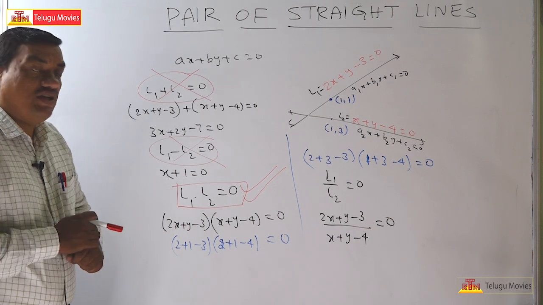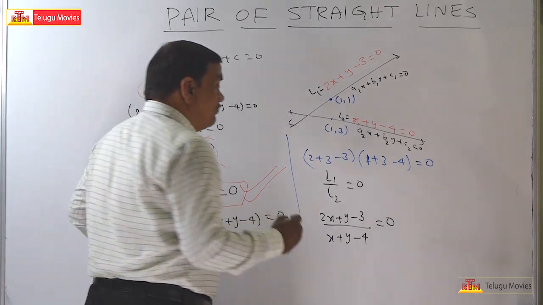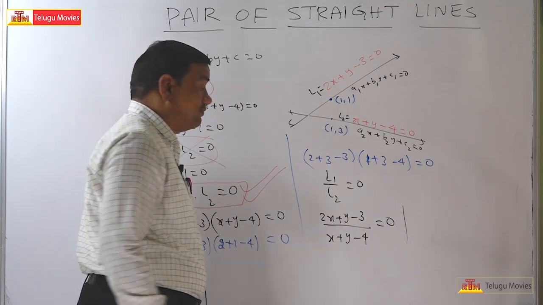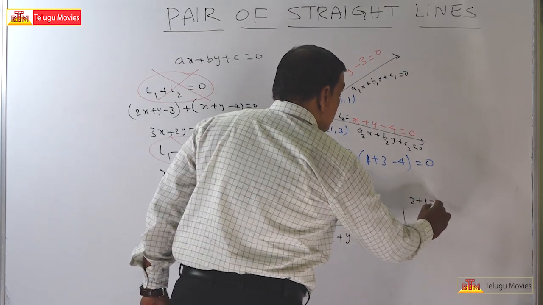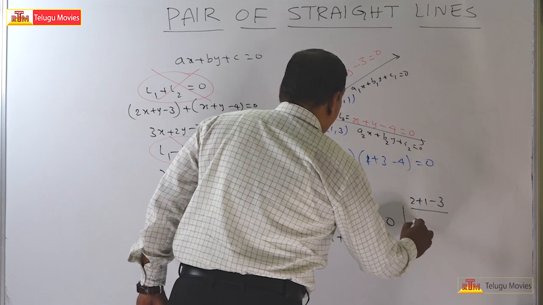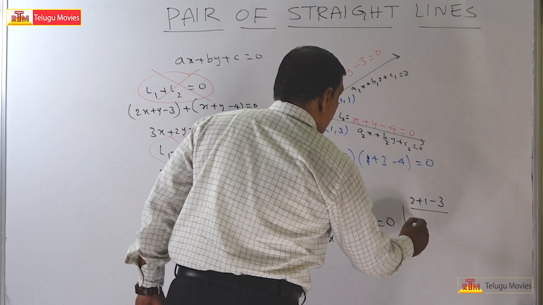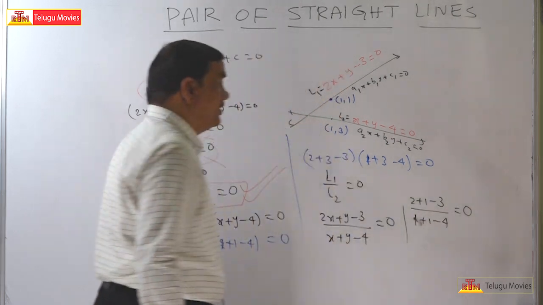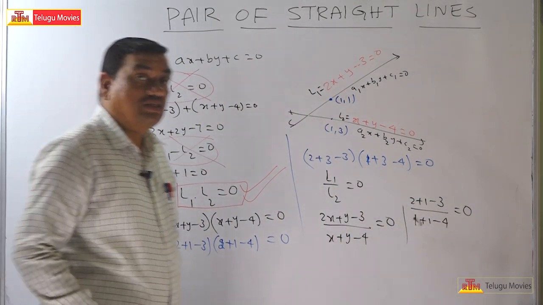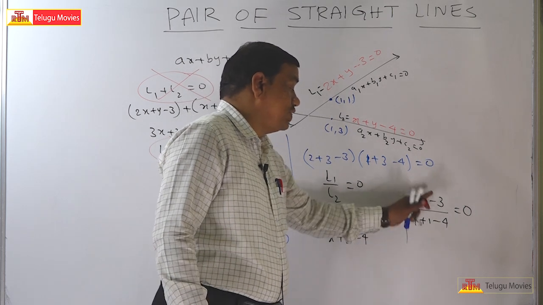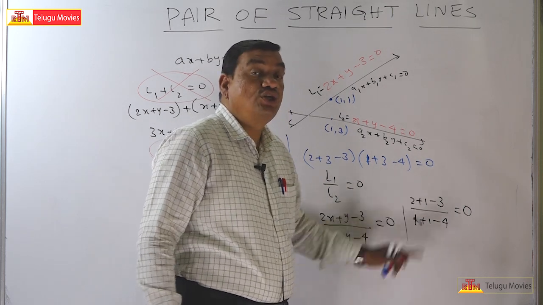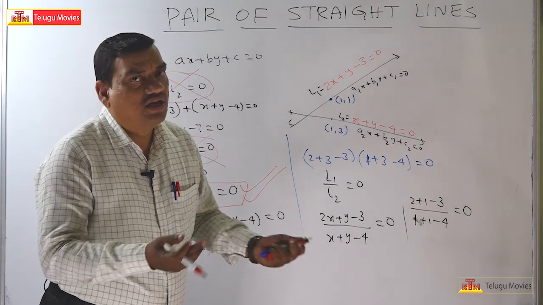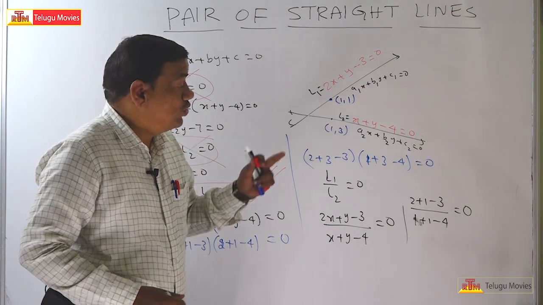Let us first substitute 1 comma 1 here. 2 into 1 plus 1, that is 2 plus 1 minus 3, by 1 plus 1 minus 4. Is it equal to 0? Yes, because 2 plus 1 is 3, 3 minus 3 is 0, and 0 by minus 2, where the denominator minus 2 is a finite quantity, is equal to 0.